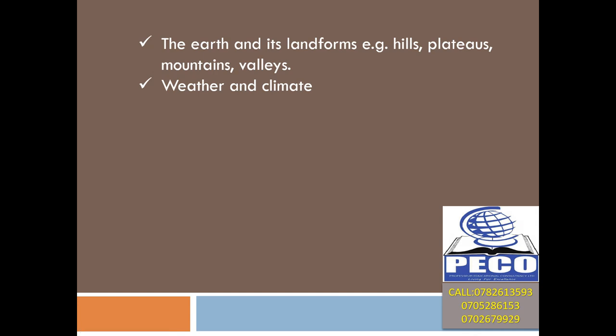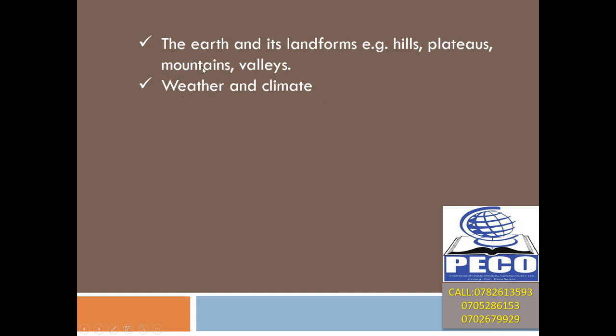So the weather condition is rainy. Yes, it's rainy, that is a condition. Then the weather element is rain. The climatic element is rain. Then the weather condition is hot. The element is temperature. The weather condition is cold. It is temperature, the weather element.